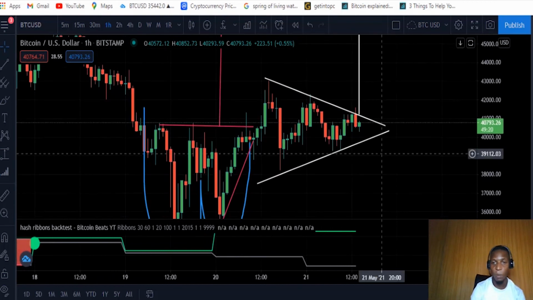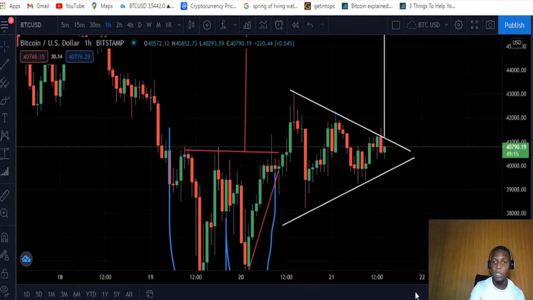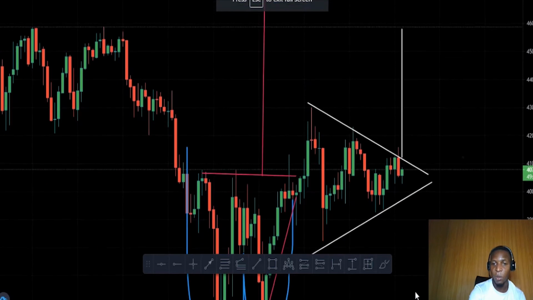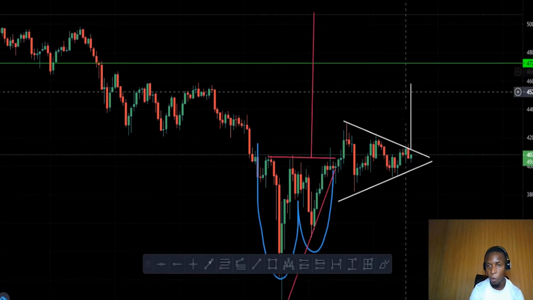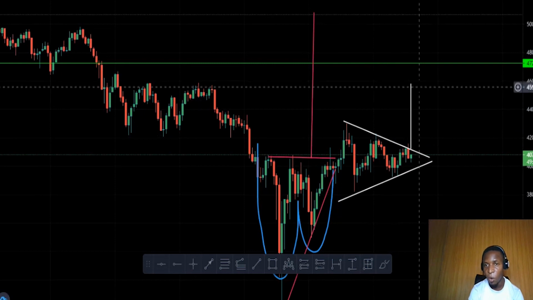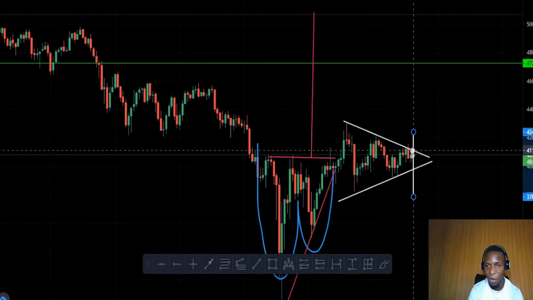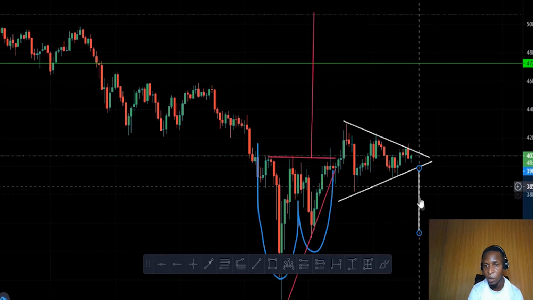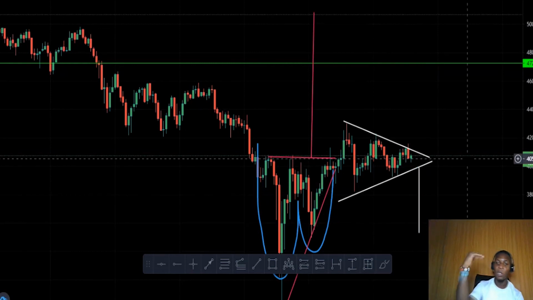In a very short term, if it breaks upward from this ascending triangle, we are looking at Bitcoin getting to around $46,000, and if it breaks downward, it might take the price down to approximately $35,000. So don't forget, you can always long or short.